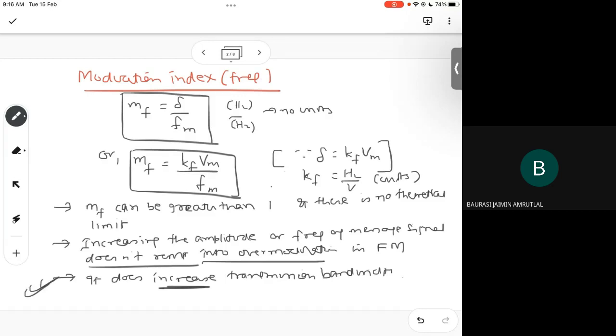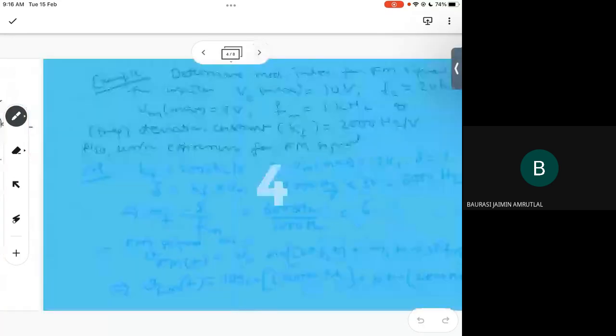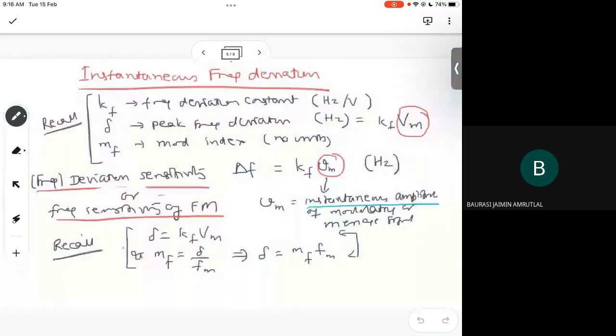And this limit is again decided by the standards. Like for FM radio, it turns out to be 5. That means the maximum bandwidth will occur when I have a modulation index of 5, and beyond that there is no further increase in the bandwidth. So that is the worst case modulation index.